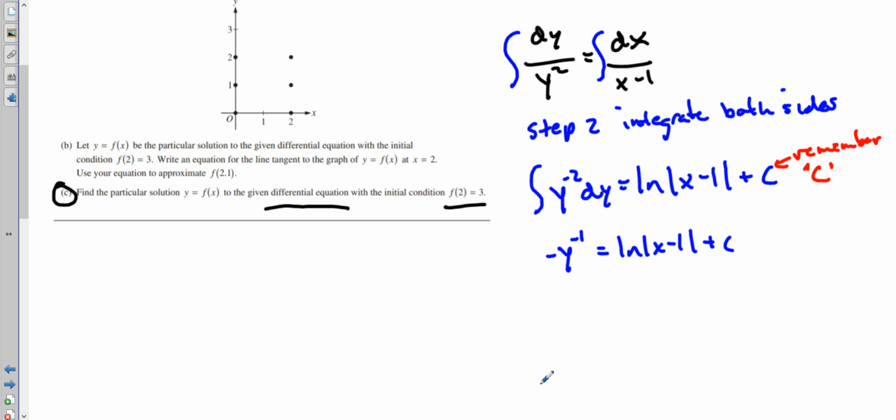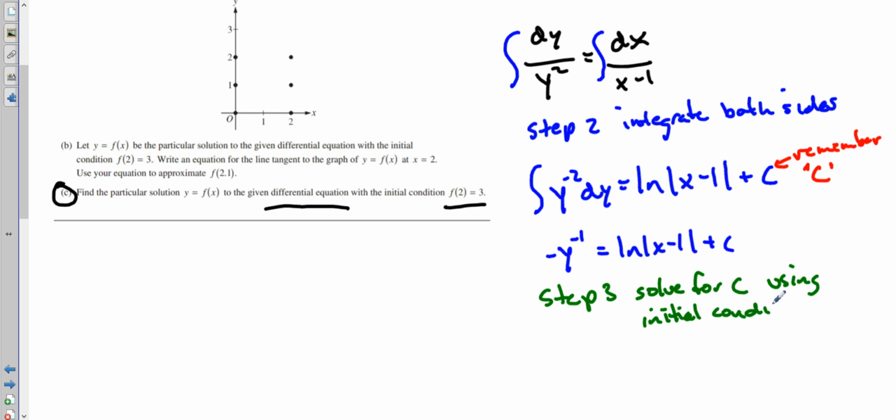From here, step number 3 is we solve for C using our initial condition. How do we do that? We take our point and plug it in.